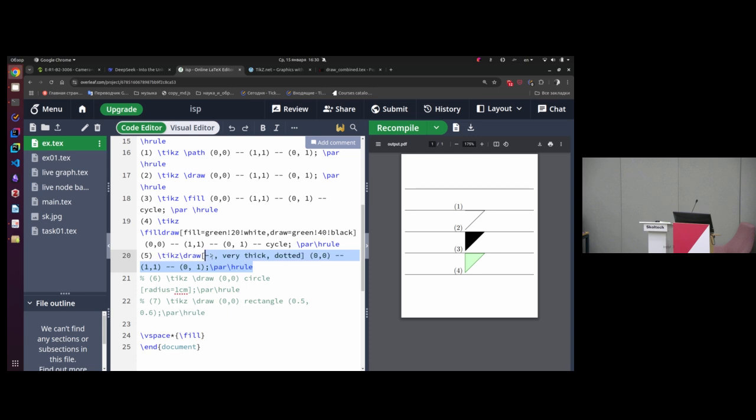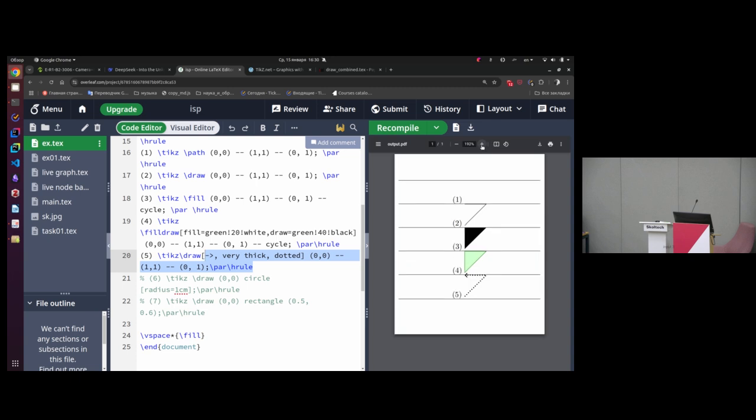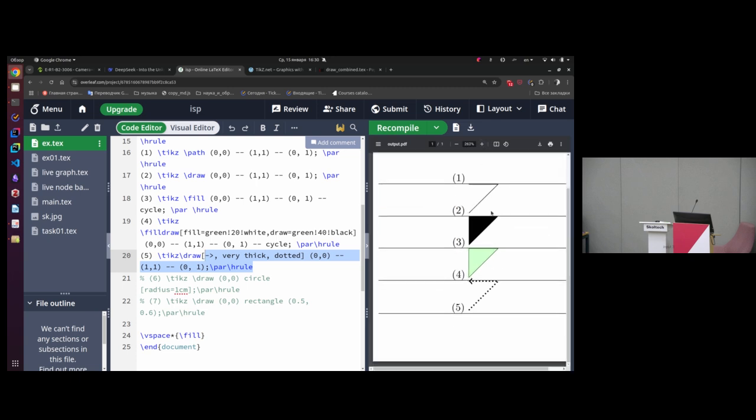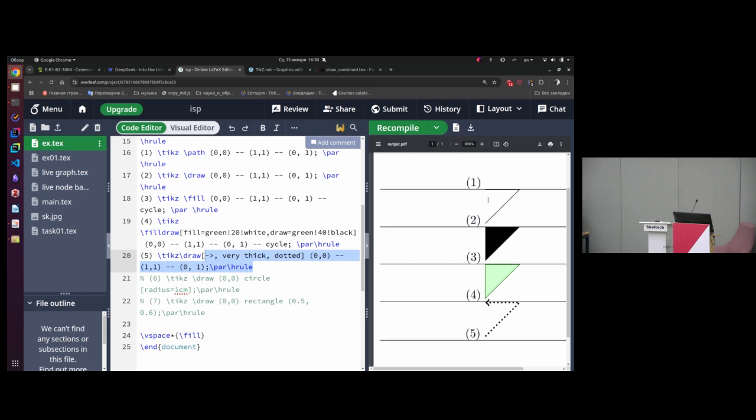In the number 5, what do we have? In the number 5, we have the same collection of the points. We use the command draw, and also in this draw command, we give parameters in the square brackets. These parameters define properties of the line that will connect all these dots.